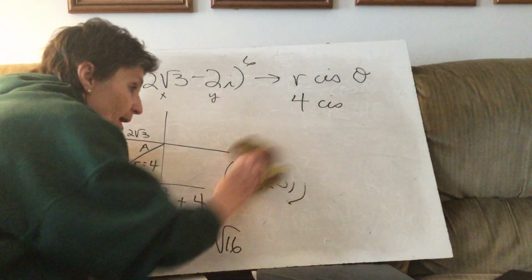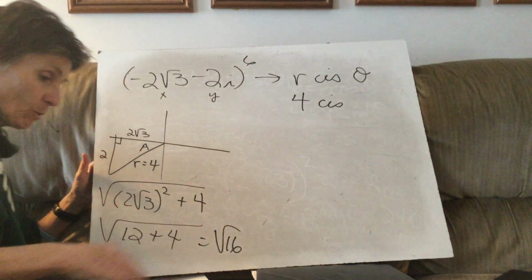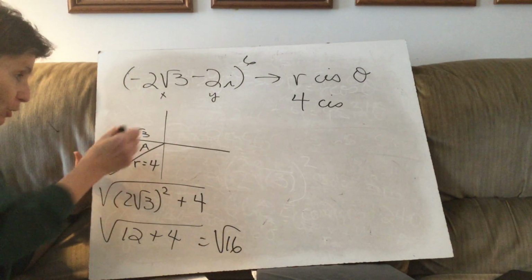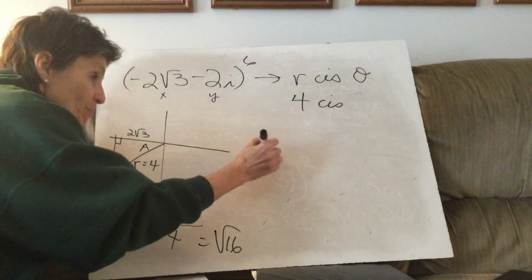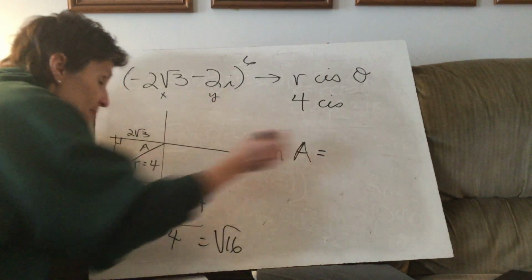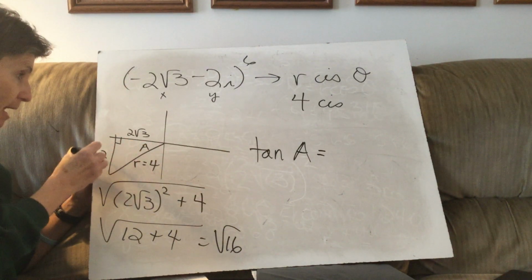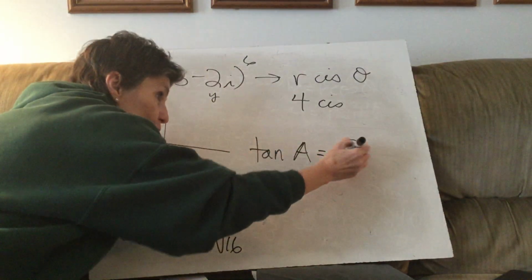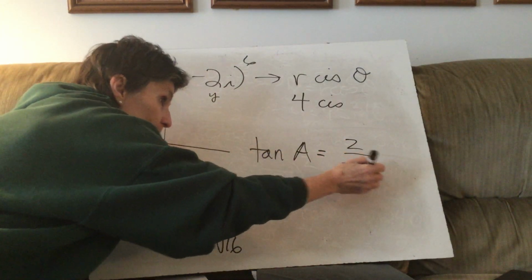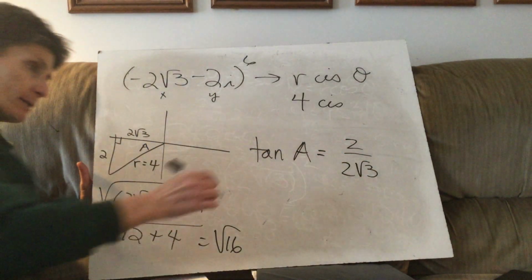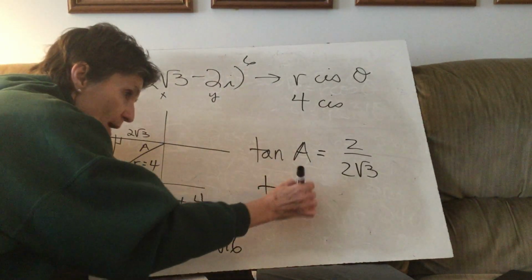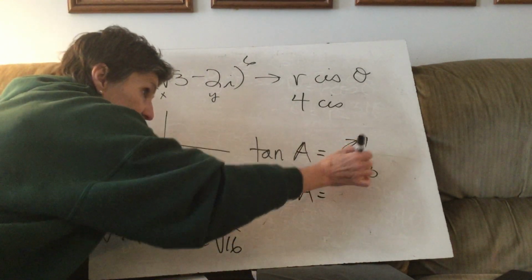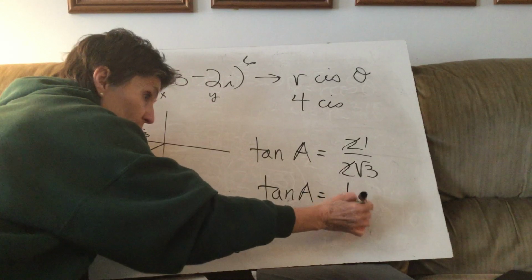Now I have to figure out what my angle is. I know the tangent of the angle is opposite over adjacent. So 2 over 2 root 3. And I strongly recommend that you reduce that fraction. It makes it easier to put in the calculator.